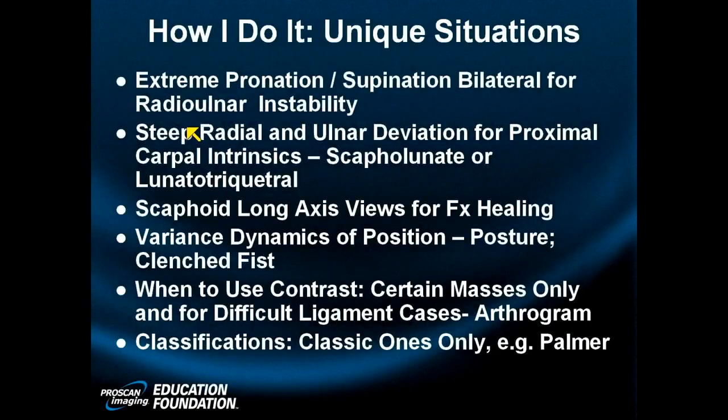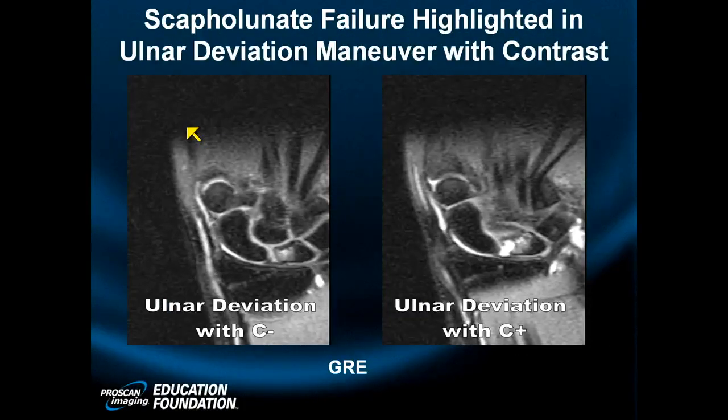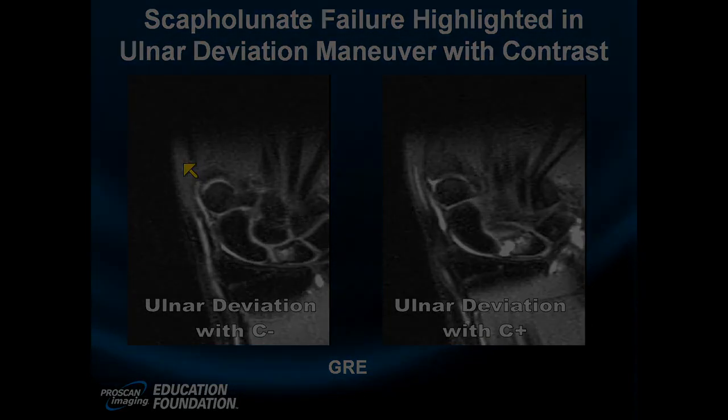For scaphoid imaging, completely different animal. If you are looking at scapholunate interval disease, I suggest you radial and ulnar deviate the wrist in a direct coronal. You do not need to do an arthrogram.